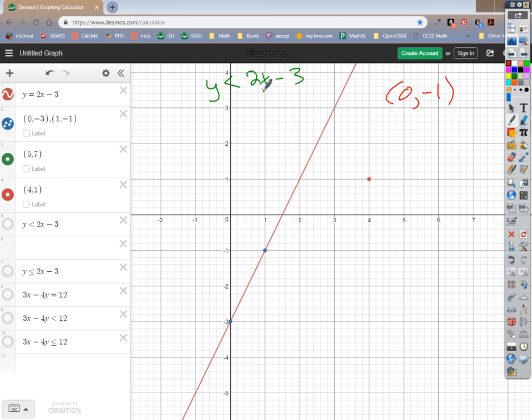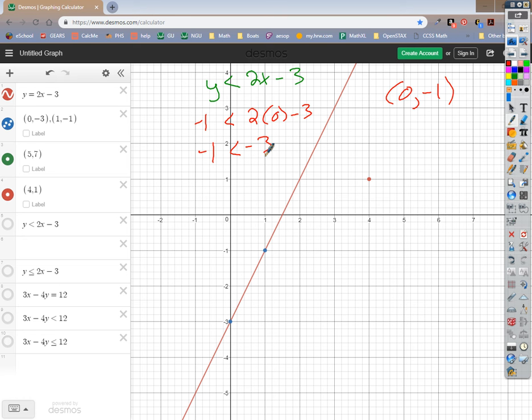Plugging 0 in for x and negative 1 for y. Is that true? We end up with negative 1 is less than, what's 2 times 0 minus 3? True or false? Negative 1 is less than negative 3. False. That does not satisfy the inequality, right?